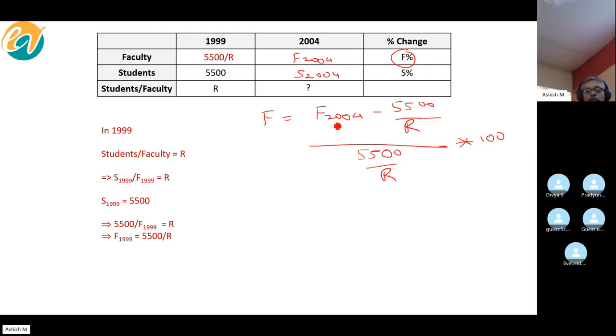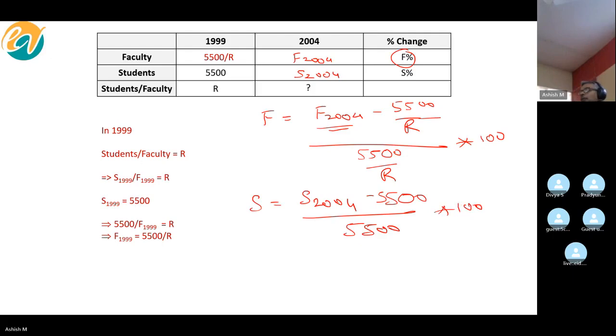From this, what do you hope to find out? This, right? Similarly, how about students? What is S? S 2004 minus 5,500, correct? Divided by 5,500 into 100. Are we clear, guys?